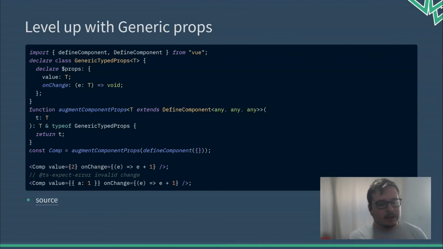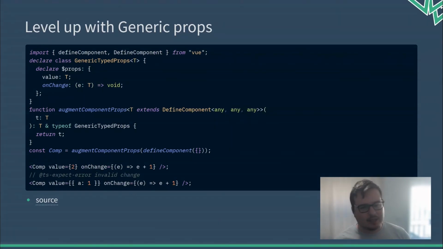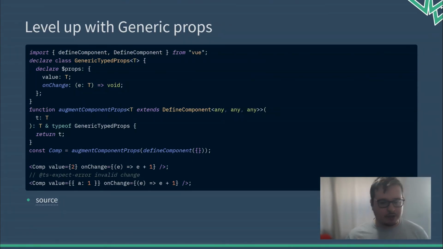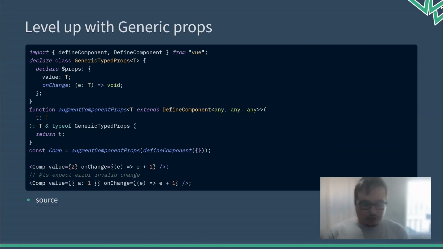So as soon as we have that, it's basically the same thing, but with classes it's a bit different, because the generic props must be a class, and you need to pass them. But in TypeScript there's a limitation: you cannot pass partial generics.